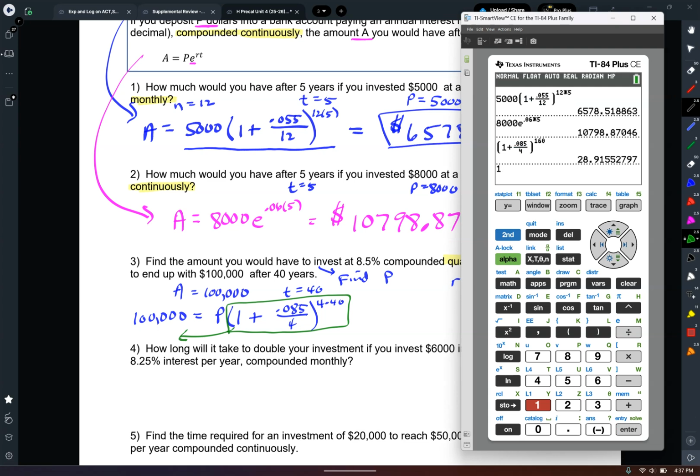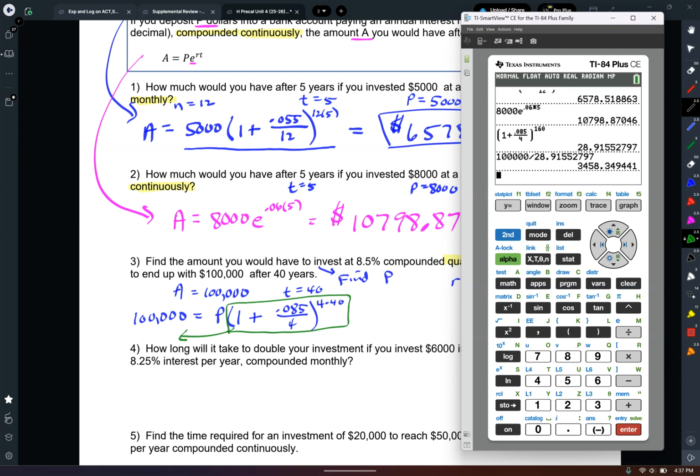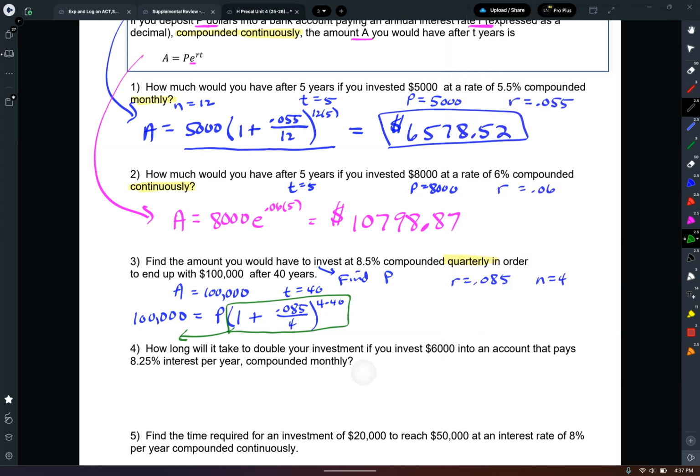I'm going to say 100,000 divided by, and notice I'm just going to move my cursor up to that number and press enter so that it'll pop that whole thing down there. It's not rounded at all. And I get 3458.35. So P equals 3458.35.